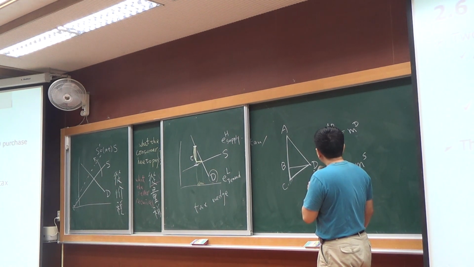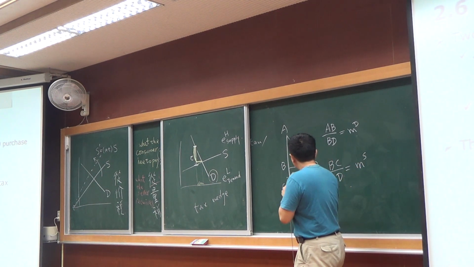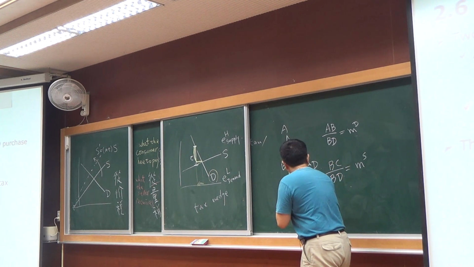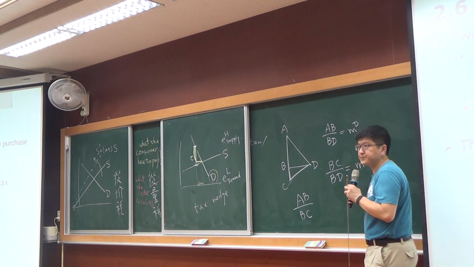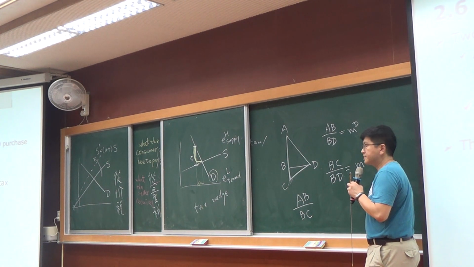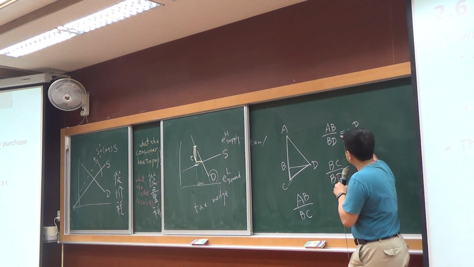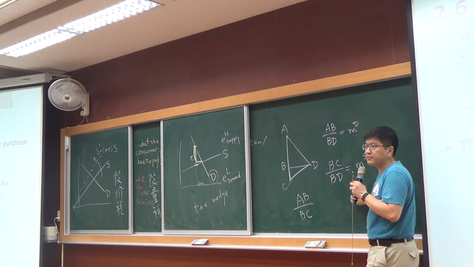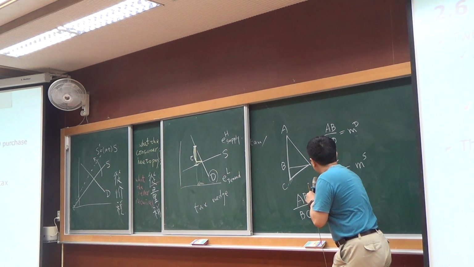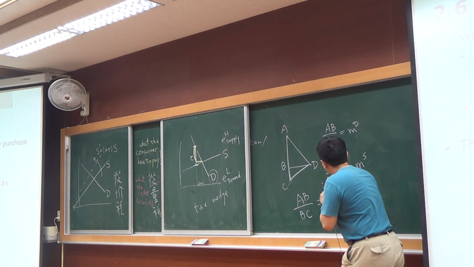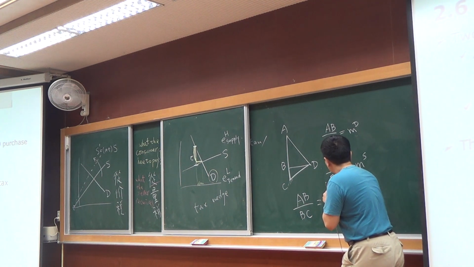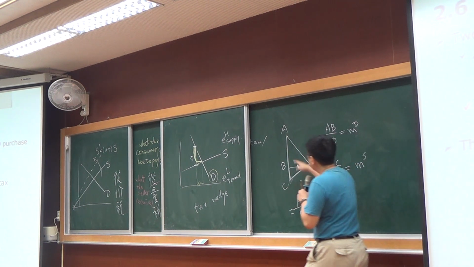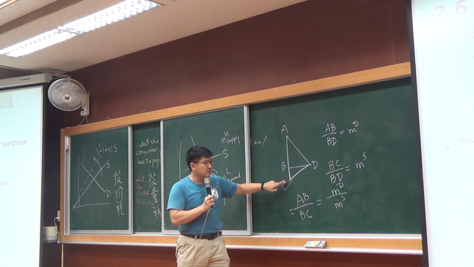Now, let's make the proportion of AB to BC. How about AB to BC? We just divide these two ratios, right? So we will cancel off BD. And then it is the slope of the demand curve over the slope of the supply curve. Is that right? And how can we interpret the proportion of AB to BC?